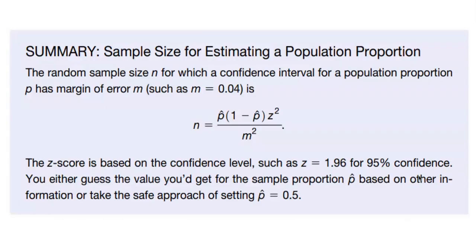All right, now you don't have to solve for it every time. So here is the formula I'll give you. Anytime you get a sample size problem, where they're asking how many people should I survey, what should my sample size be, they better give you the margin of error they want, and they also need to give you the confidence level.